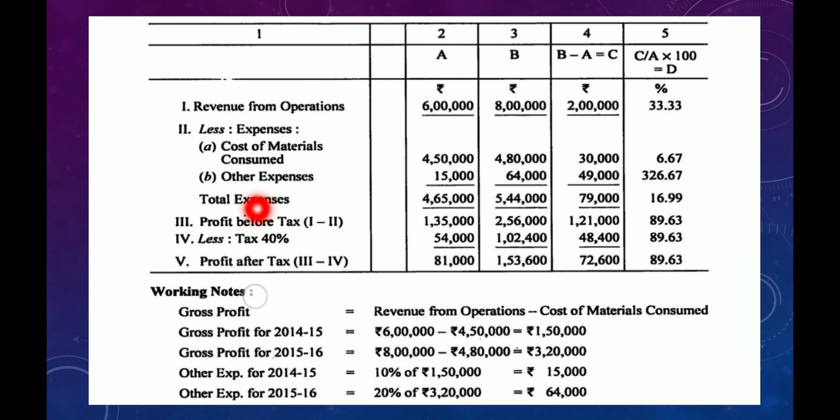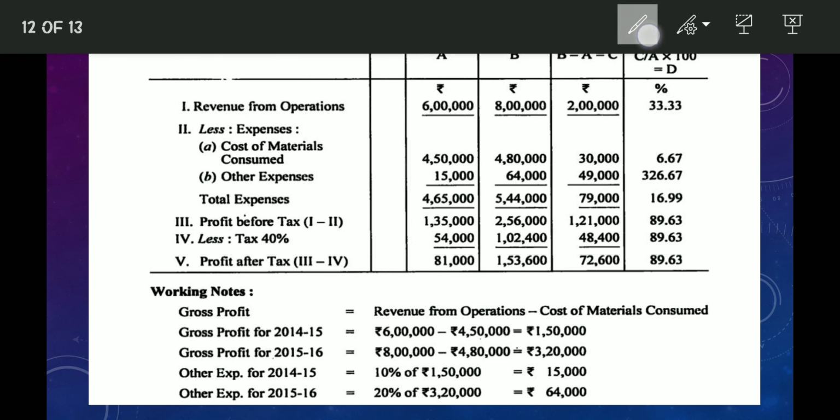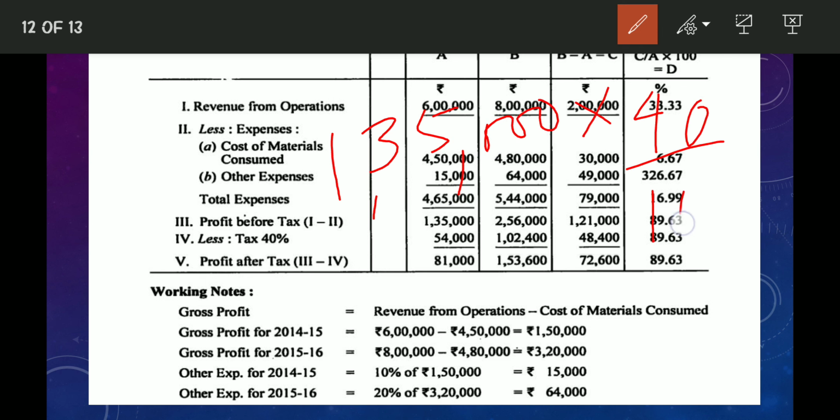How to calculate the tax? Whatever profit you got, that is profit before tax, you have to find out 40% of it. It means 1,35,000 into 40 upon 100. So what is 40%?